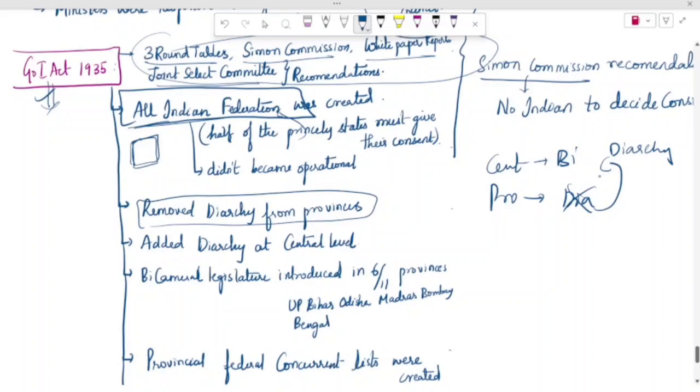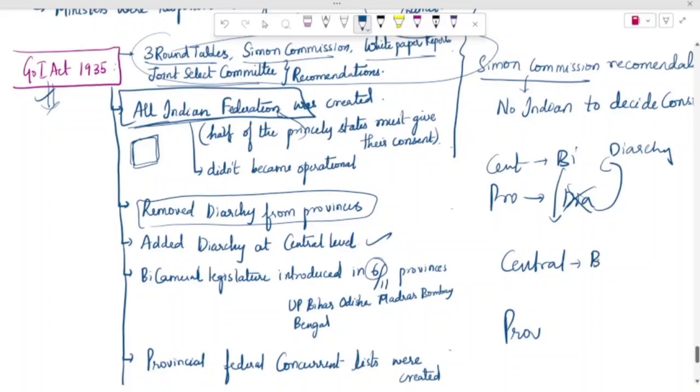Now upper house and lower house will be there at the central level. Fine. And bicameral legislature was introduced in 6 out of 11 provinces, and now they will be adding it into provincial governments, I mean provinces. Okay, so just remember central, provincial.